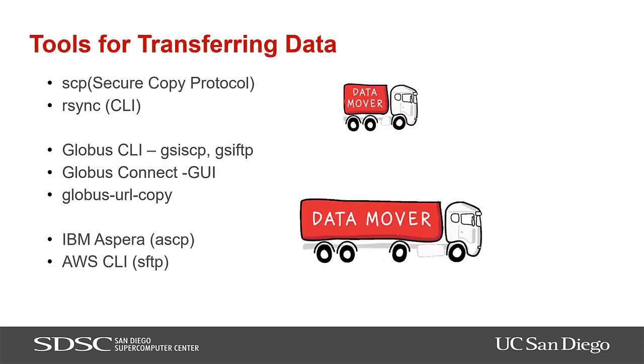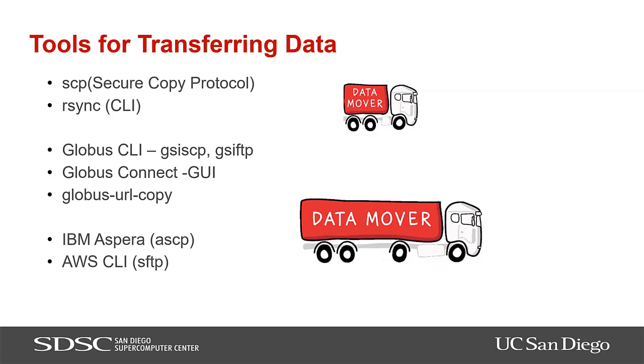Of the tools we have available, there's a list out there. When you're deciding on what tool to use, it's really going to depend on the amount of data that you have. That includes both the size of the individual files and the number of files that you're moving. Other things you want to take into consideration are your workflow and if you need to be able to script any of these things.